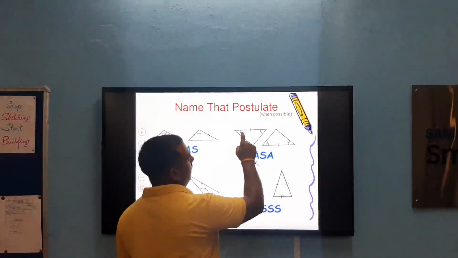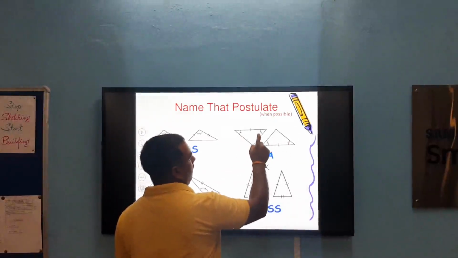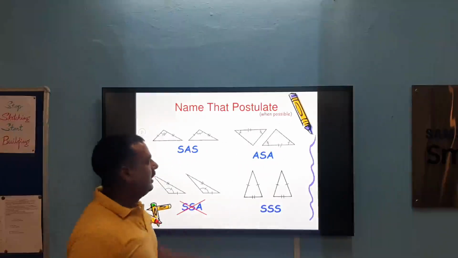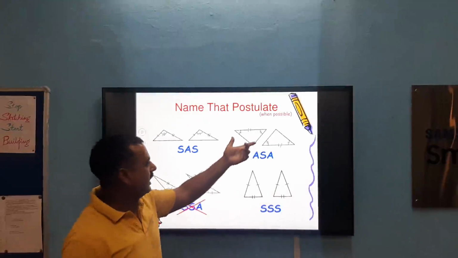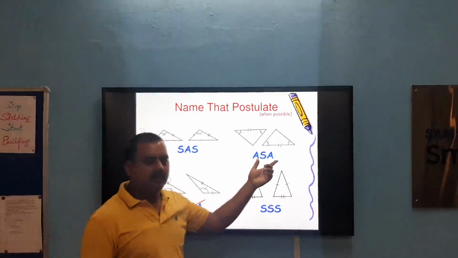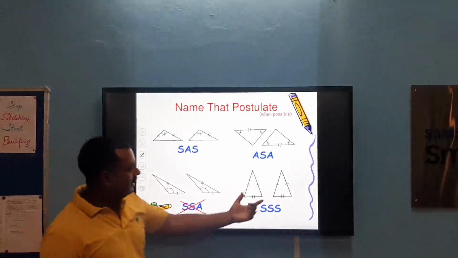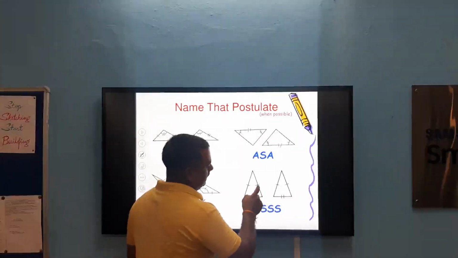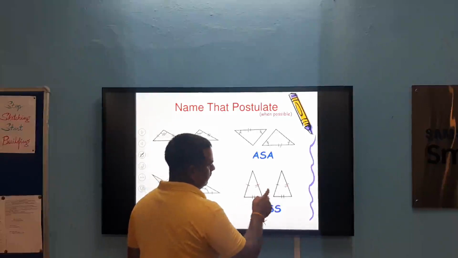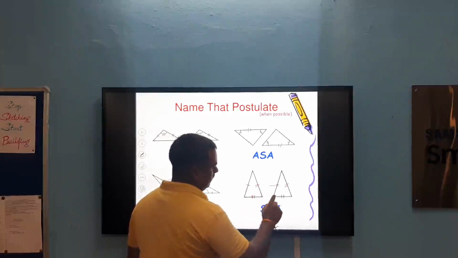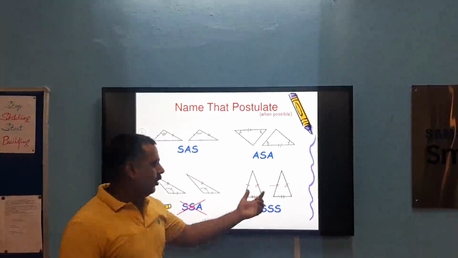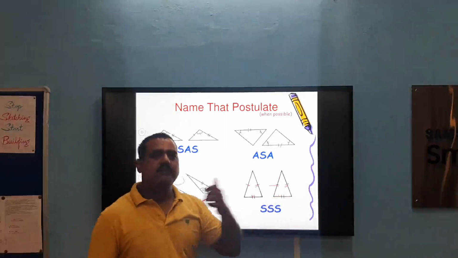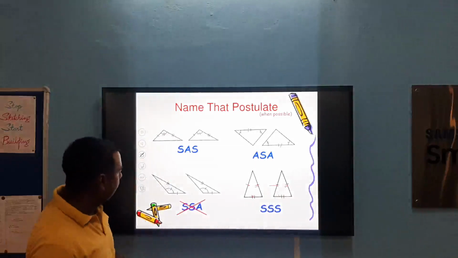Here in these two diagrams, two angles are equal and one side is equal, the included side. So the criterion is angle, side, angle. Now in this diagram, this side is equal, all three sides are equal to one another, so the criterion is SSS, side, side, side.